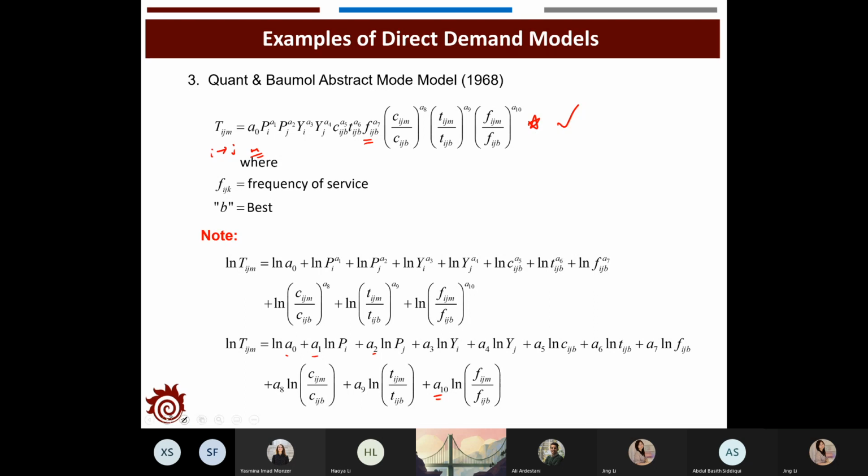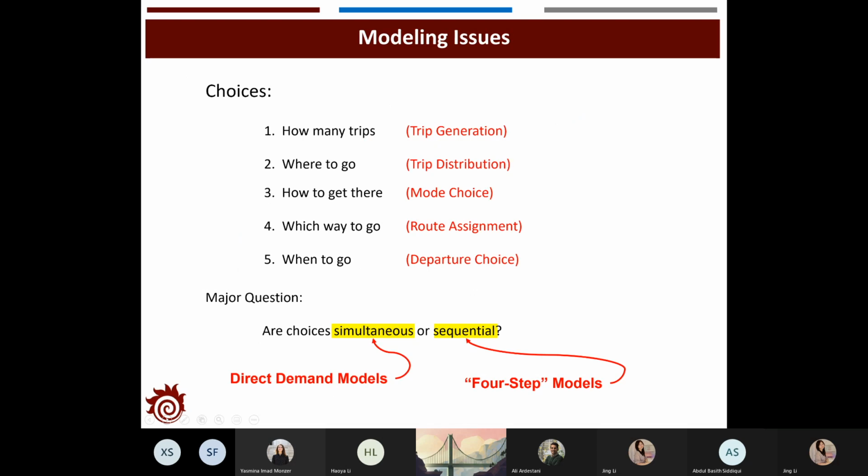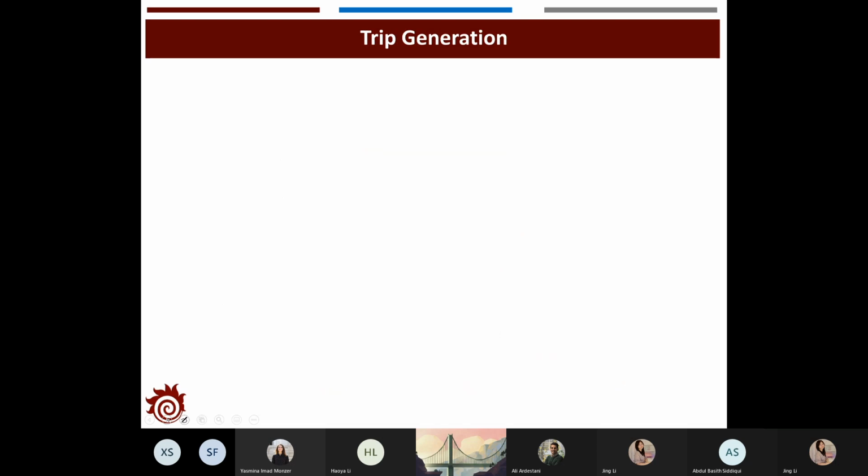So that's also the major topic we're going to cover in this class. For the four-step model, we will go through the trip generation, trip distribution, mode choice, and route assignment. And these would be the four typical steps. We will start with the trip generation in this class.